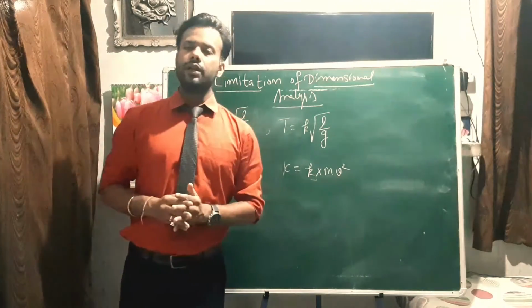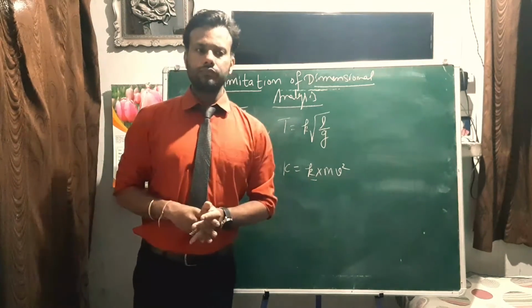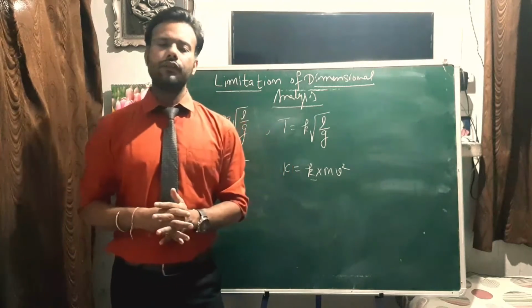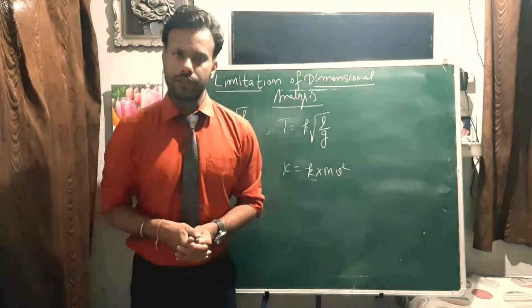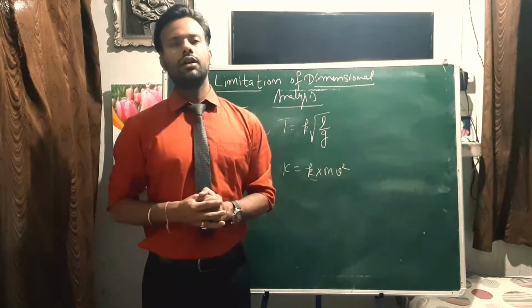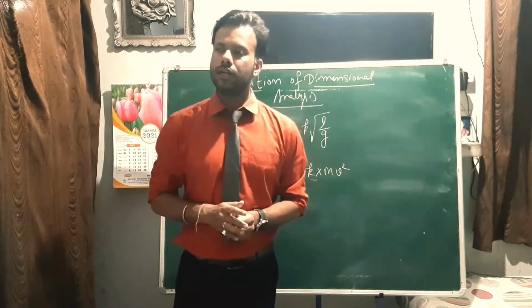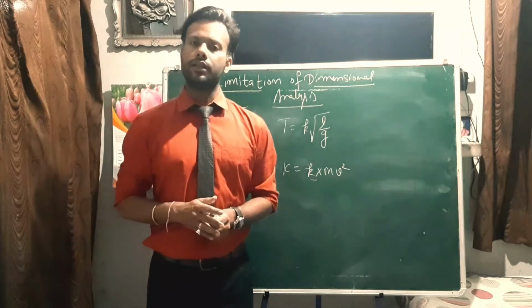Second limitation, as you can see, we have the dimensional formula in terms of M, L, T. If any quantity depends upon more than 3 quantities, say we have 4 quantities, then we can't find the relation between those quantities, because we only have the 3 variables. We can't find the 4th unknown variable with the help of MLT, right?